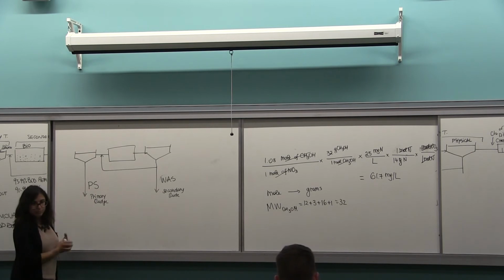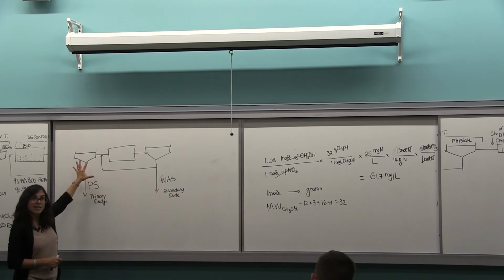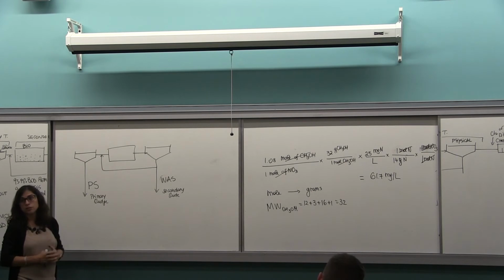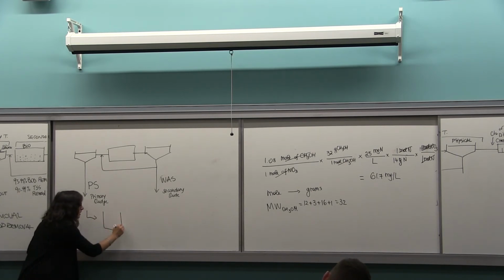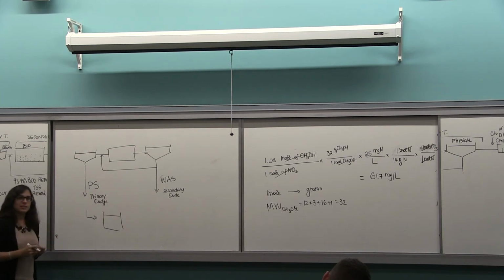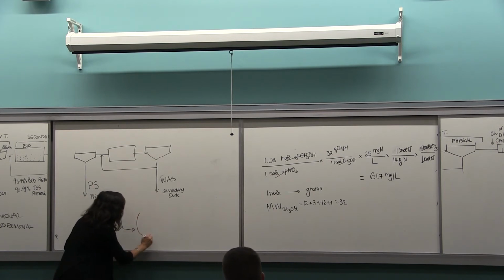The almost last problem is talking about the primary sludge. Whatever is removed at the bottom of the clarifier needs to be further treated. One way to treat it, it's usually sent to a decanter, like a thickener, to remove excess water. And then after you remove excess water, the bottom sludge is going to go to an anaerobic digestion.